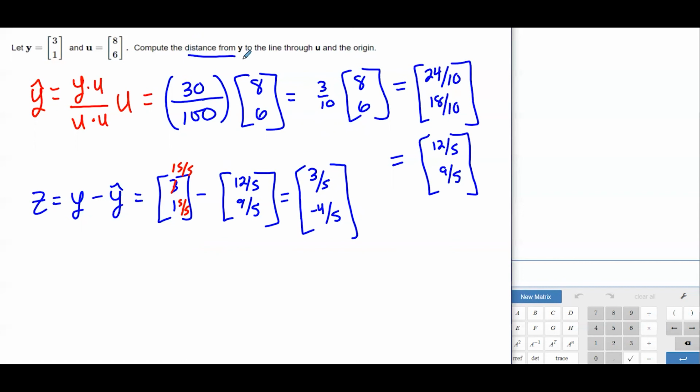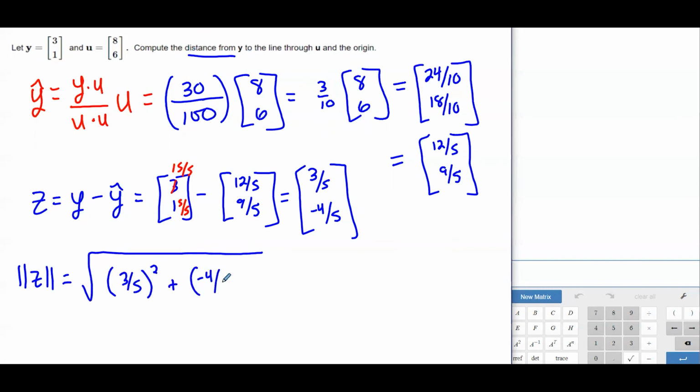And we're not done. We have to find the distance. The distance is going to be the magnitude of z. So it's the square root of z dotted with itself, or the square root of the sum of the squares of the components.